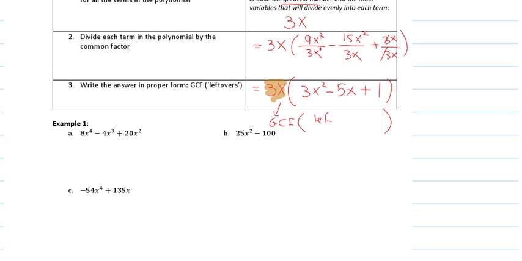You guys understand what GCF stands for? Greatest common factor, right? And then leftovers are whatever you divided your trinomial or your binomial or whatever it is, after you divided them by the GCF.